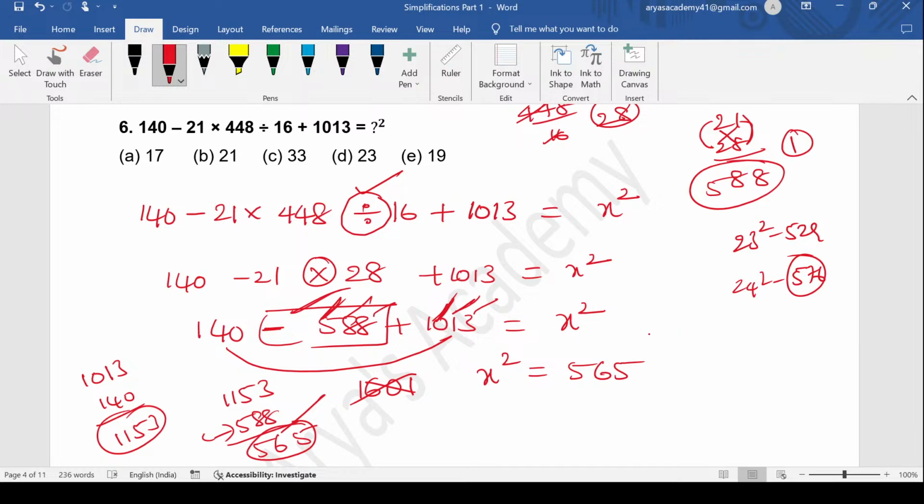So there is no exact answer. So you have to choose the approximate answer. So this is close to 576 as well as 529. This has to be 24. This has to be 23. So the answer comes somewhere between 23 point some 7 or something. But out of the given options, you have to choose this option as the answer, 23.